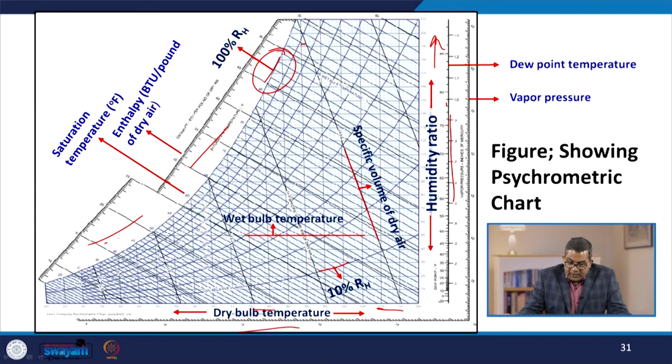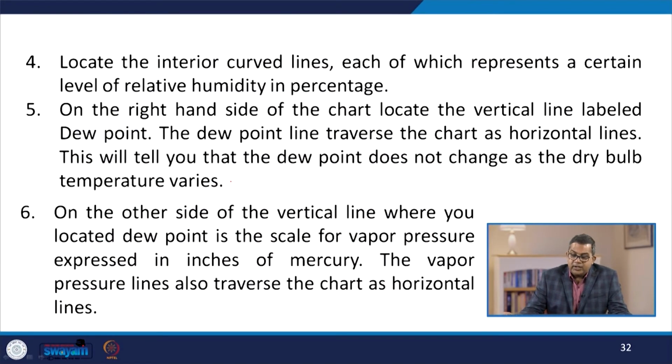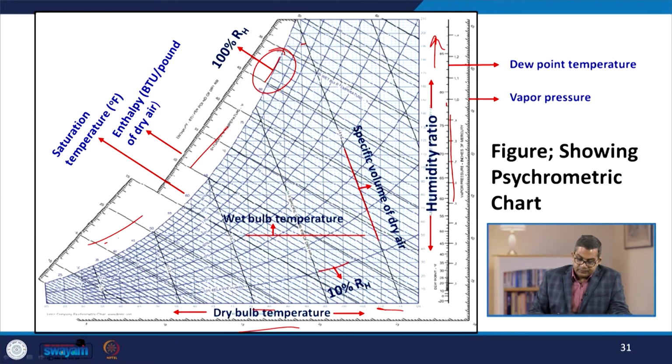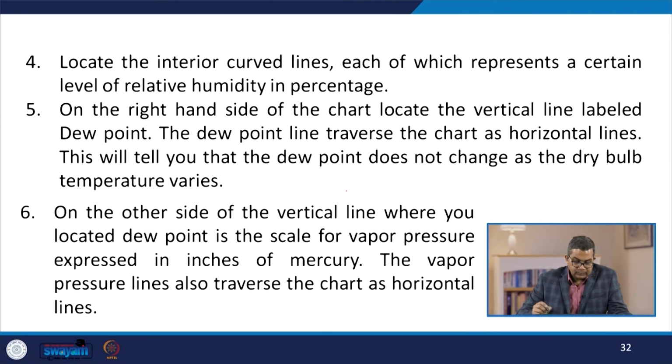Now on the right hand side of the chart, locate the lines labeled as dew point. The dew point line traverses the chart as a horizontal line, and this lets you know that the dew point does not change as the dry bulb temperature varies.